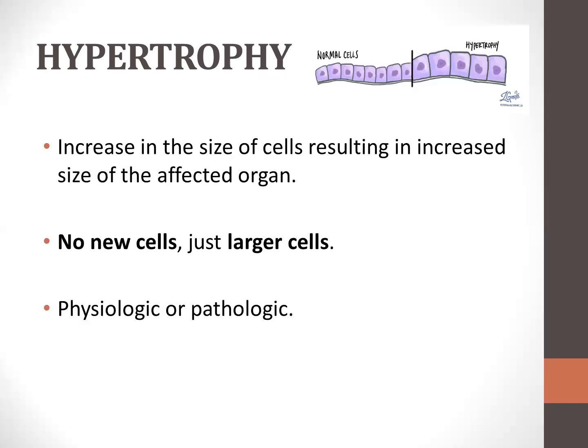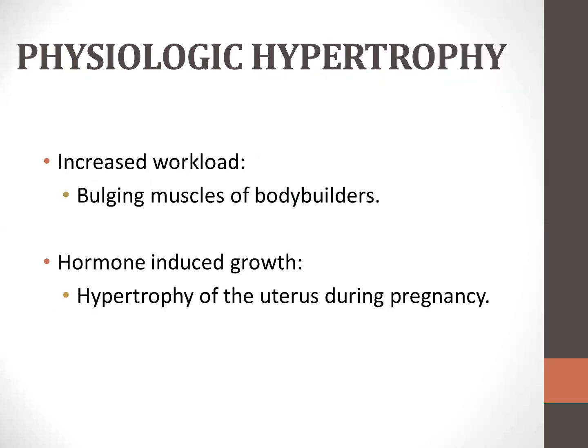Now, in hypertrophy, there is an increase in the size of the cells, which leads to increased size of the organ. Hypertrophy may be physiological or pathological. Physiological hypertrophy can be because of increased workload, like the bulging muscles of bodybuilders, or it can be induced by hormones, like the hypertrophy of the uterus during pregnancy.